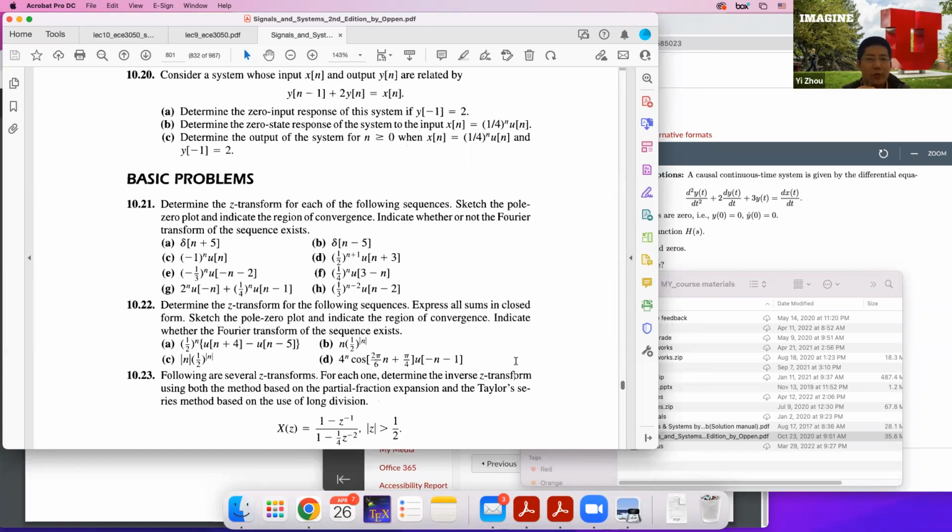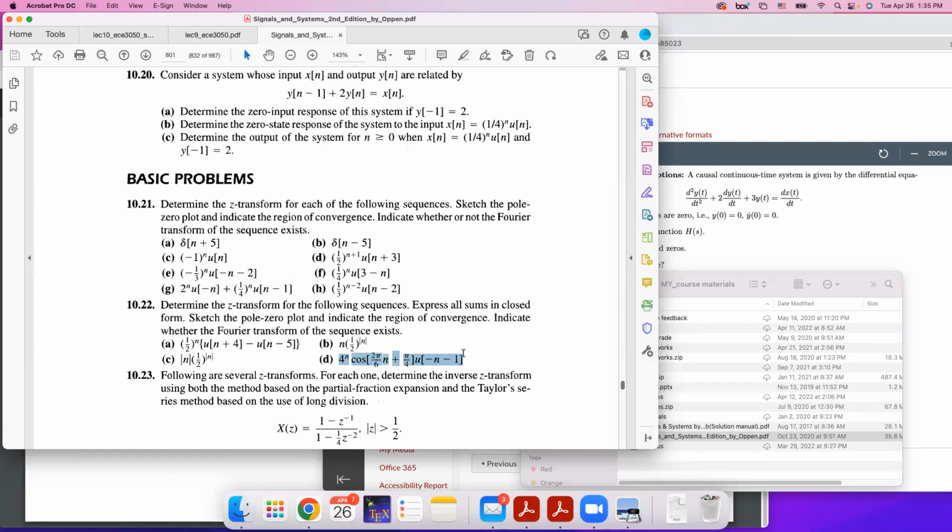Do you have any idea on this one? The last one, right? Yeah, that's the one I'm looking at. It is an exponential times cosine times u of negative n minus 1.